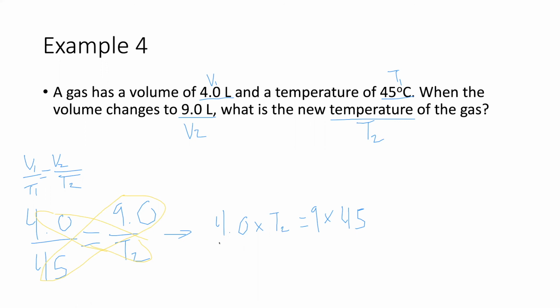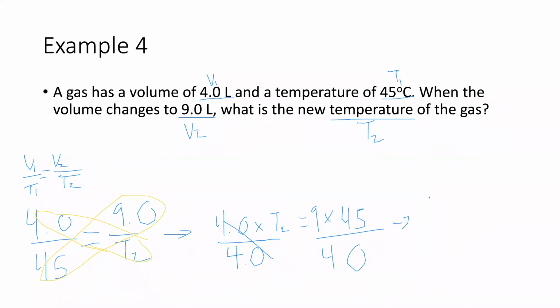Easy peasy, lemon squeezy, divide each side by 4.0. Down here we have 4.0, same over here, 4.0. The 4s on this side will cancel out. All we do now is 9 times 45 divided by 4, and that will give us our solution.